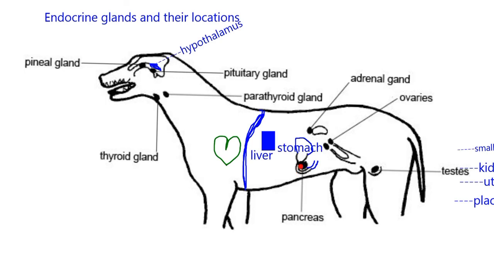The pancreas is always located in the first loop of the small intestine near the stomach. So we also should know that the small intestine that I did draw is also a releaser of hormones. So let me tilt that up and draw that like that. The small intestine, endocrine tissue.